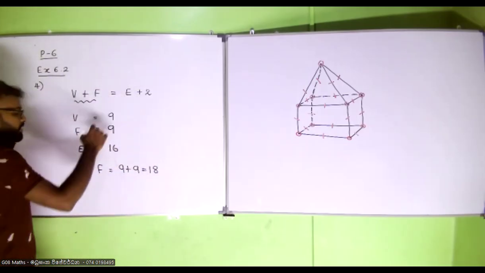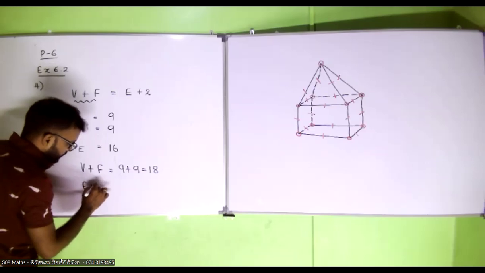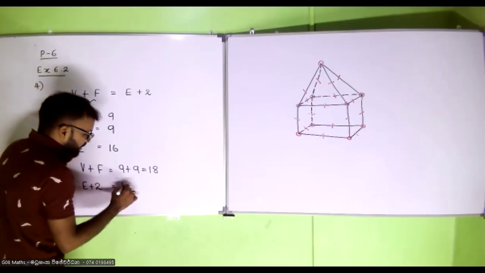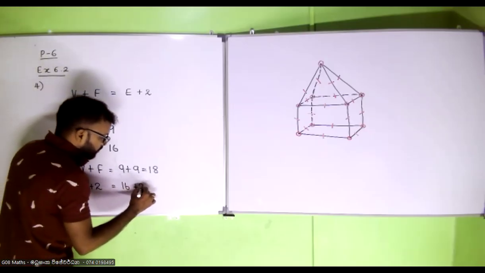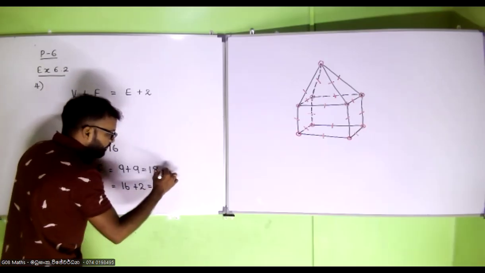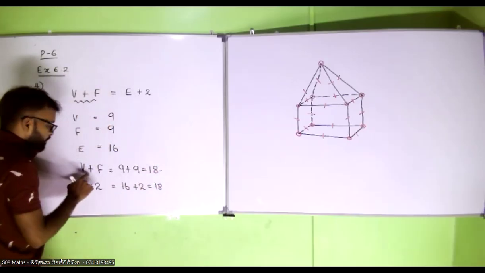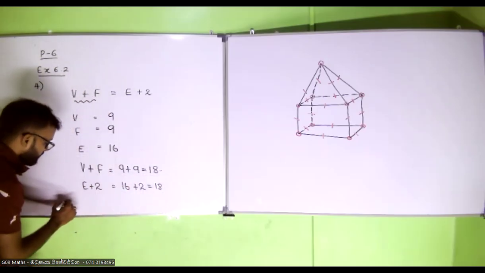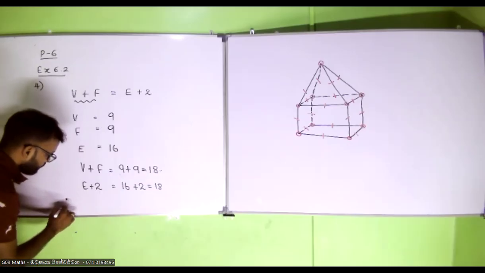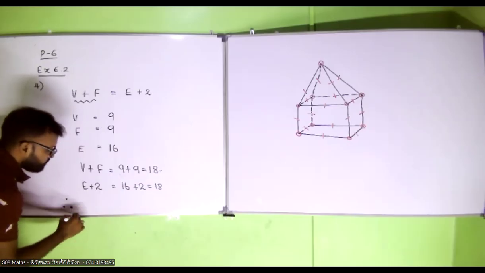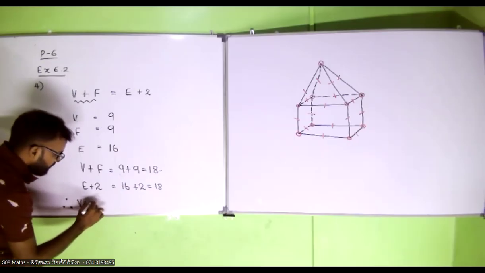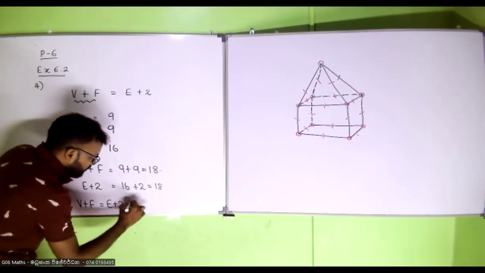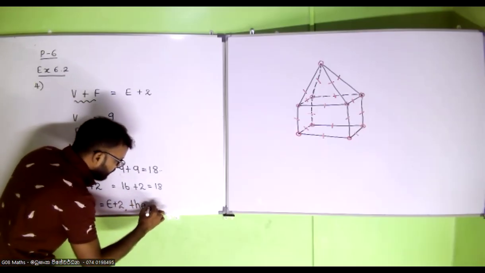Then I will take E plus 2. E means edges, 16 plus 2, 18. So V plus F is 18 and E plus 2 is 18. They are equal. So we can write: therefore, V plus F equals E plus 2, the Euler's relationship.